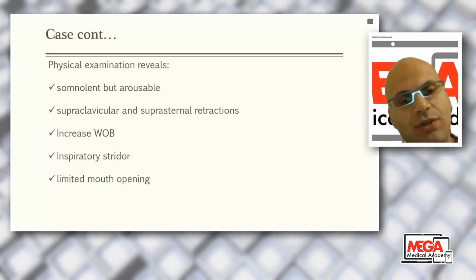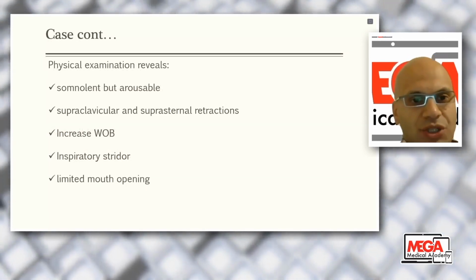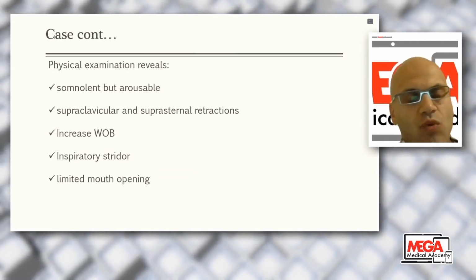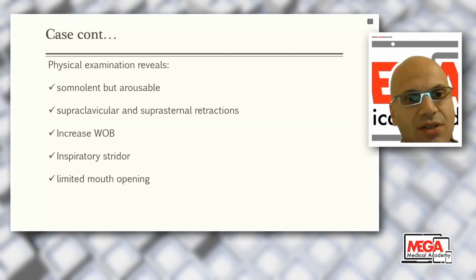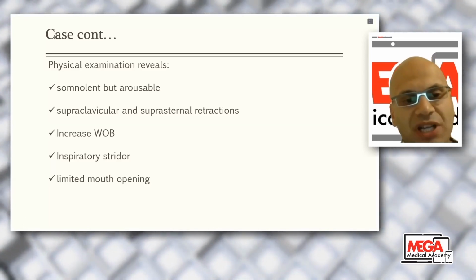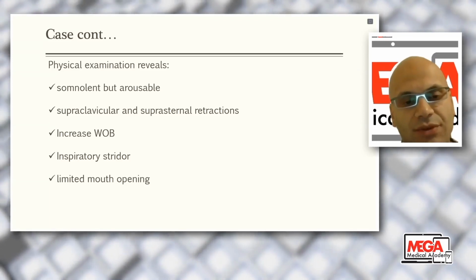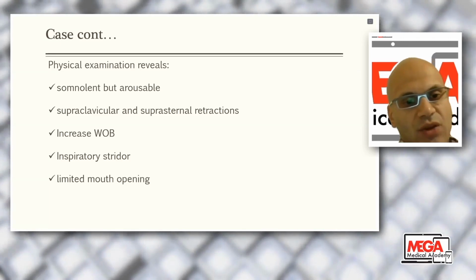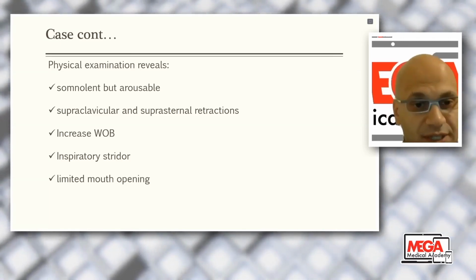We'll continue the case. So you went and did your physical examination, which revealed that the patient is somnolent but arousable, working hard, in respiratory distress, with supraclavicular and suprasternal retraction, and you can appreciate really high inspiratory stridor. When you are doing your airway assessment, you find limited mouth opening besides the high BMI.